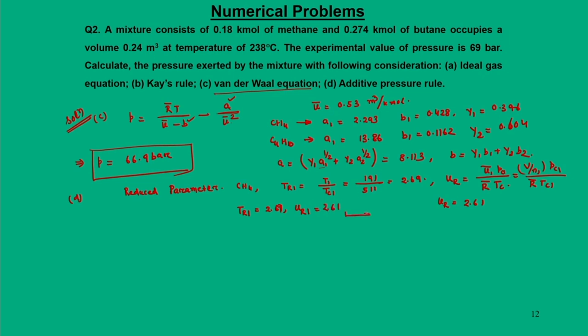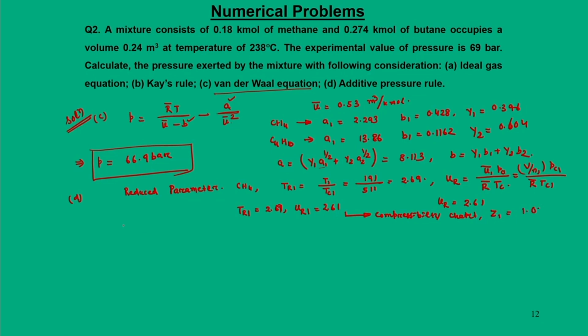We use the compressibility chart and this gives Z1 approximately equal to 1.